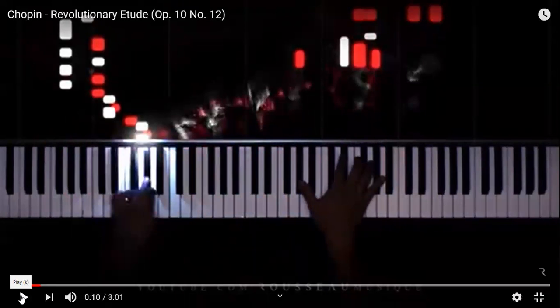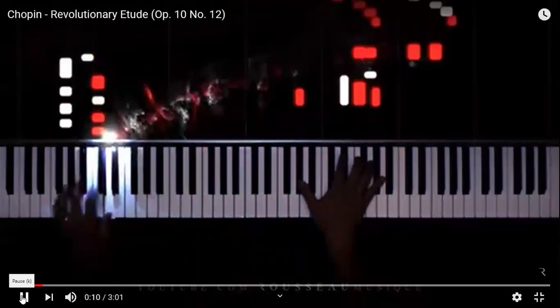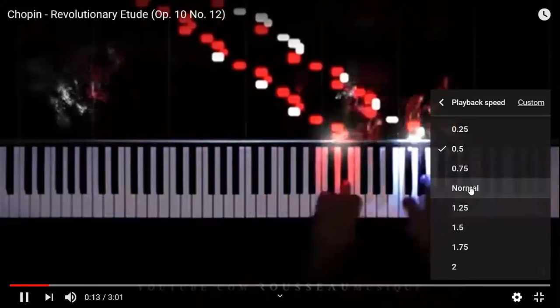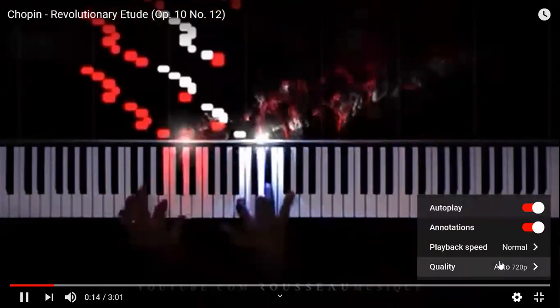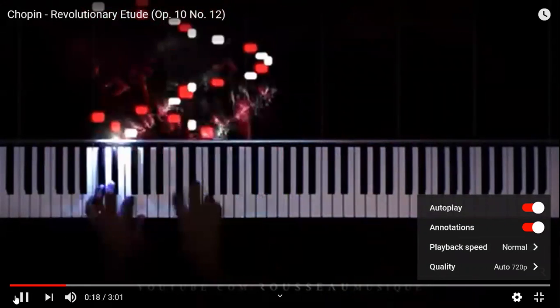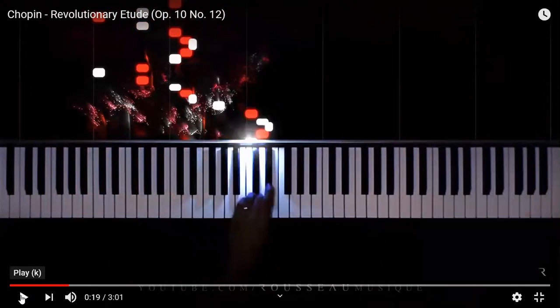I hope you can see all those half steps. Obviously a lot of half steps there. Now look at this left hand line. All of these half steps.